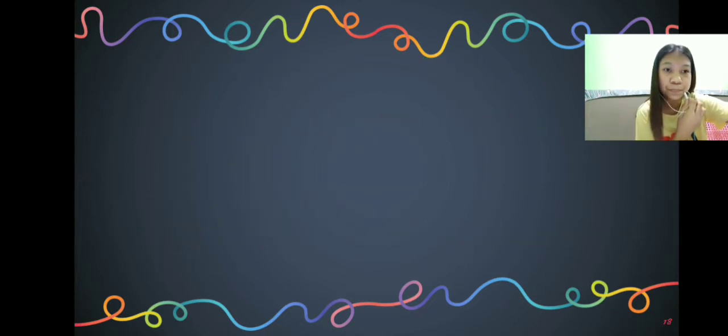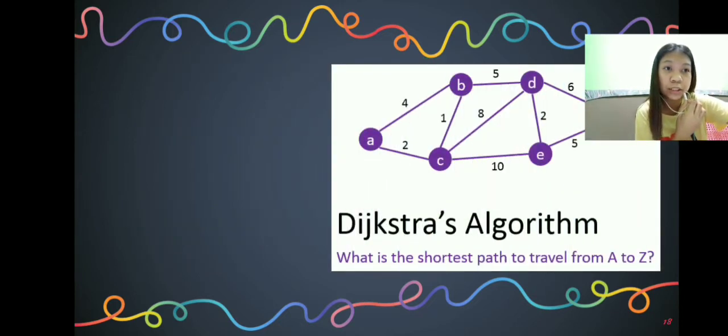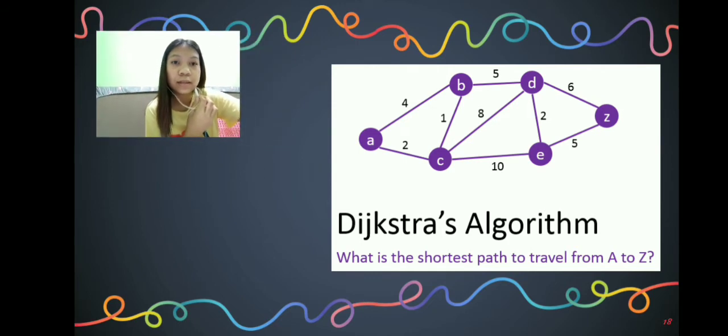So, example. The picture is a graph. As you can see, the question below is, what is the shortest path to travel from A to Z?